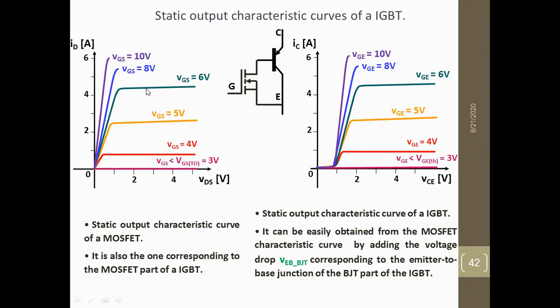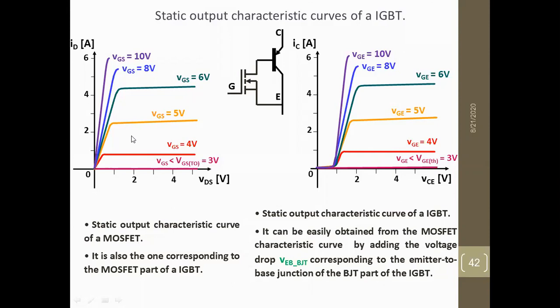If you observe the relation between the static characteristics of the MOSFET and the IGBT, with gate to source voltage less than the threshold voltage of 3 volts, the characteristics behave the same.